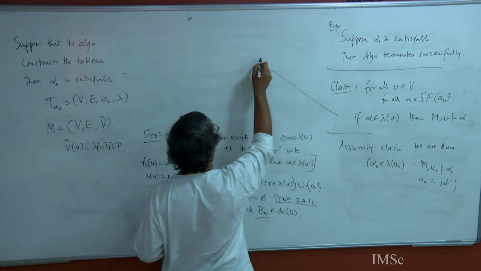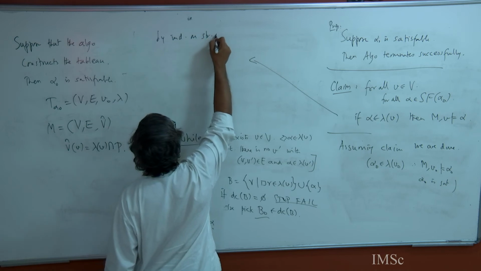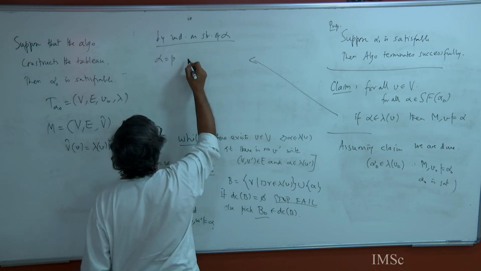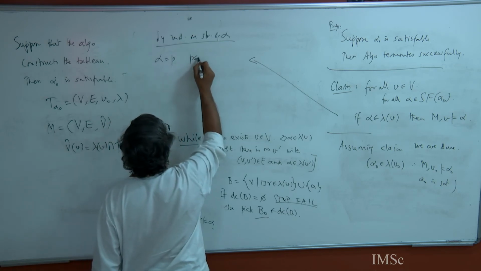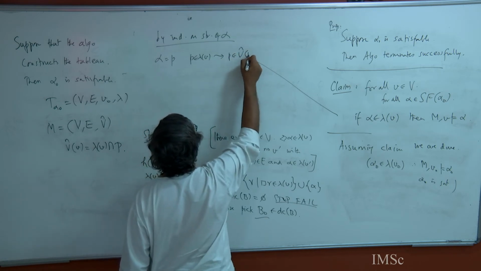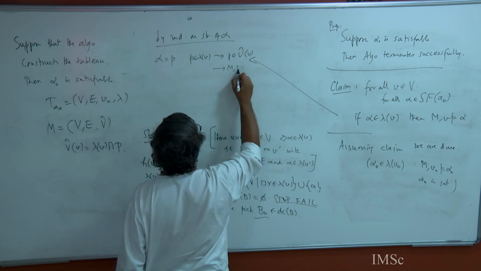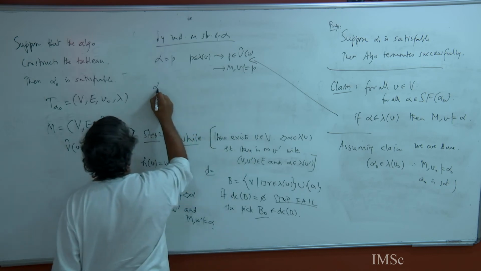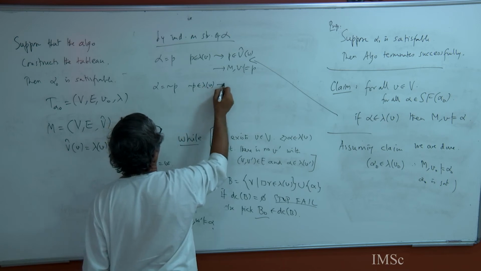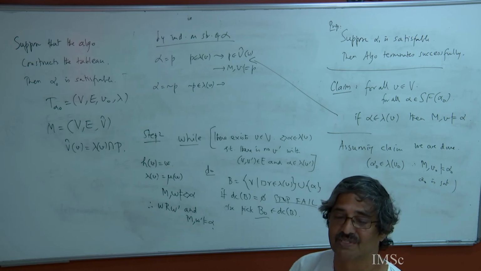Proof of claim by induction on the structure of alpha. Alpha is a basic proposition: P belongs to lambda of V tells you that P belongs to V hat of V. Okay, alpha is of the form negation P: not P belongs to lambda of V. Then what do we know? It's a down closed set.